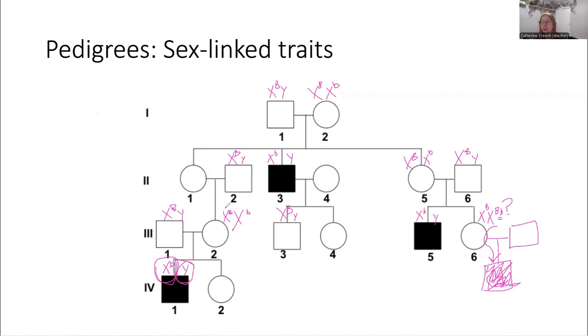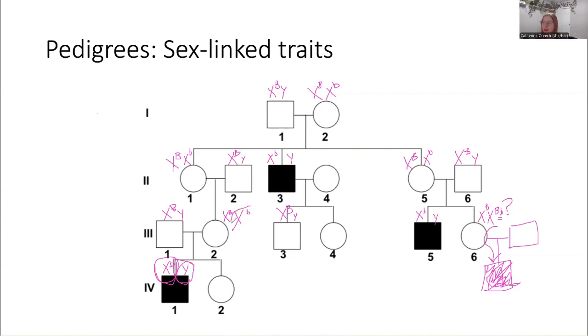That one big B must have come from her father because that's the only X he has to give her, and he has to give her an X. So that means that one of her little b's had to come from her mother, but her mother is also not colorblind. So that tells me that her mother's genotype is heterozygous.